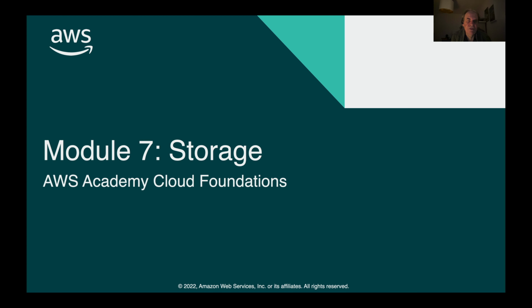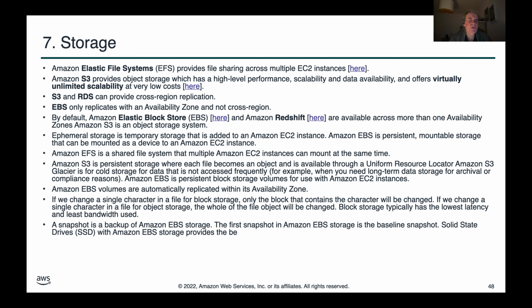For storage, we have the Elastic File System, and that allows us to share our files across multiple EC2 instances and across regions. S3 allows us to store object files into a low latency storage area that is virtually unlimited in its scaling at a very low cost.